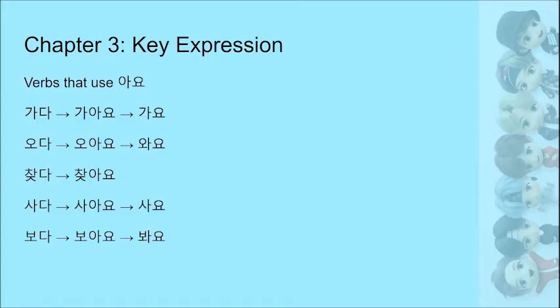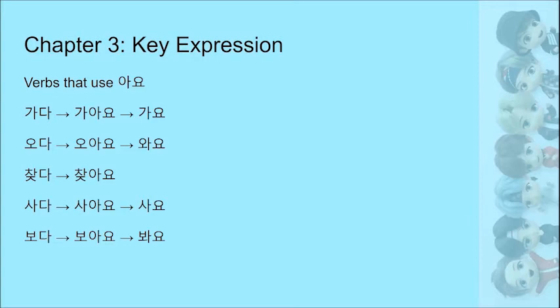So let's go ahead and take a look at some actual verbs here to make it a little easier to understand. I'm taking some of this information from page 67 as well as the verbs that we were shown a couple pages ago on page 64. So here are some verbs that are going to use the ayo conjugation. So we can see kada.